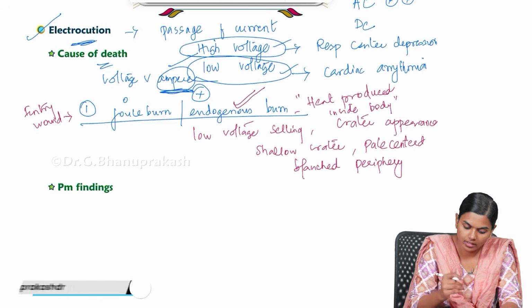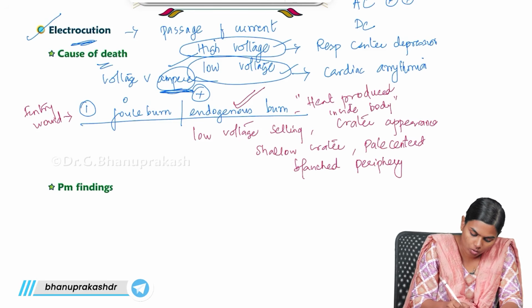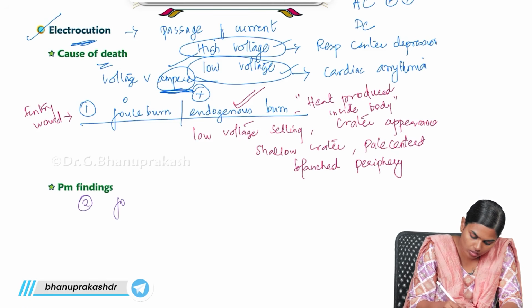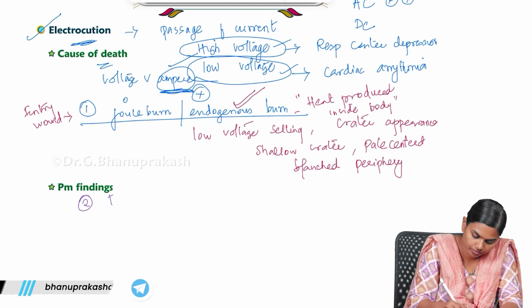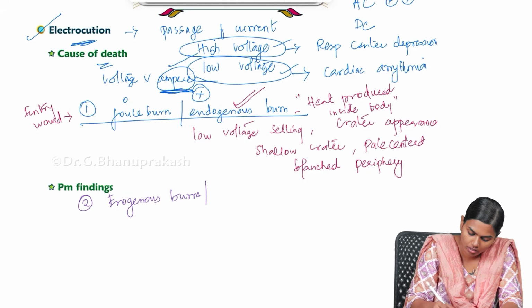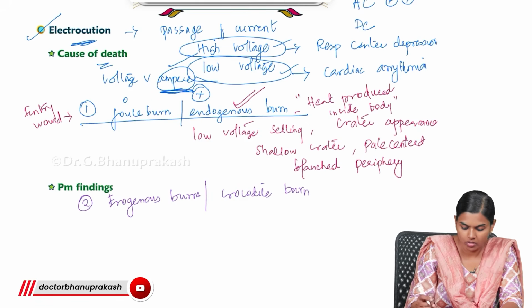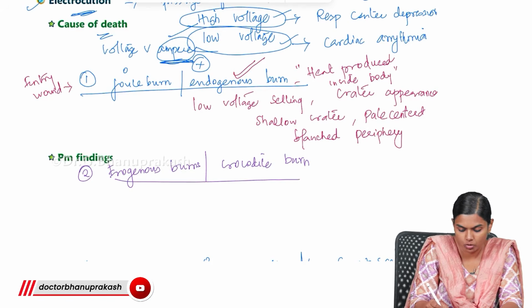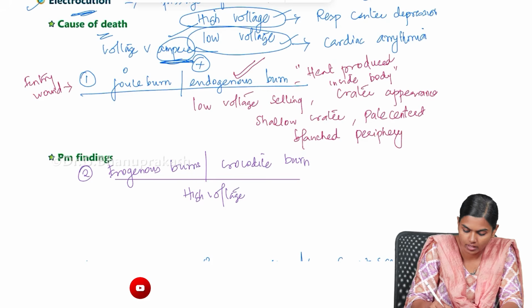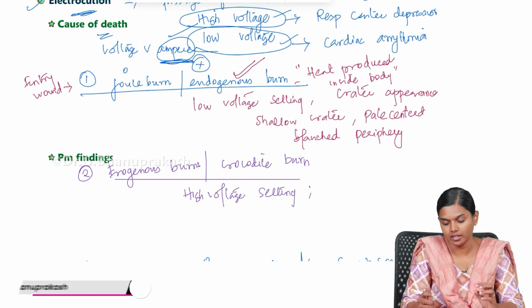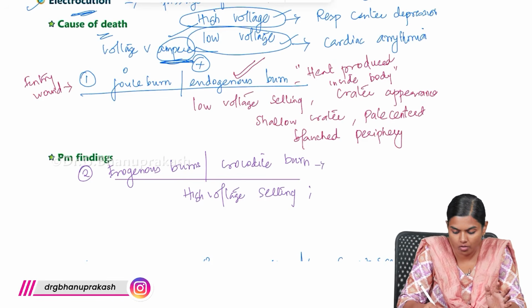Now, you have another type of burn which is known as exogenous burn, or crocodile burn. So, this is usually seen in a high voltage setting. And here the burn is formed outside.